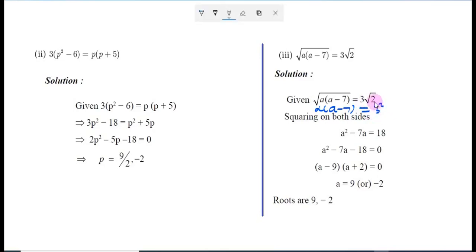Take 3 square, root 2 the whole square means this is 2. Understood? So a into a minus 7, so multiply a here, so a square minus 7a equal to 3 square value 9, so 9 into 2, 18. Clear? Okay, now a square minus 7a equal to 18.